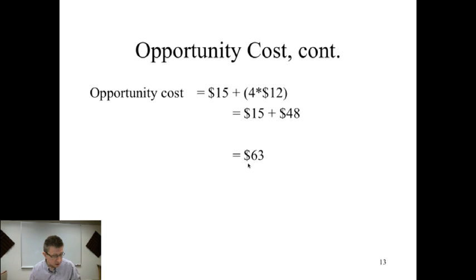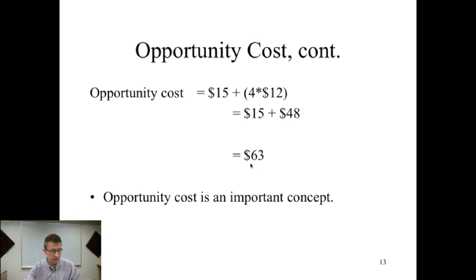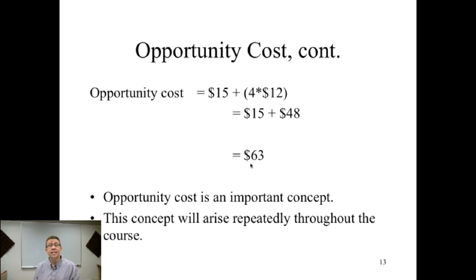So opportunity cost is an important concept, and it will keep coming up throughout the rest of the course, right? It's about to come up in the production possibilities frontier, but it also comes up when we start to talk about several other points in the course. And in fact, when we start to think about a firm's costs, we think in terms of opportunity cost, right?